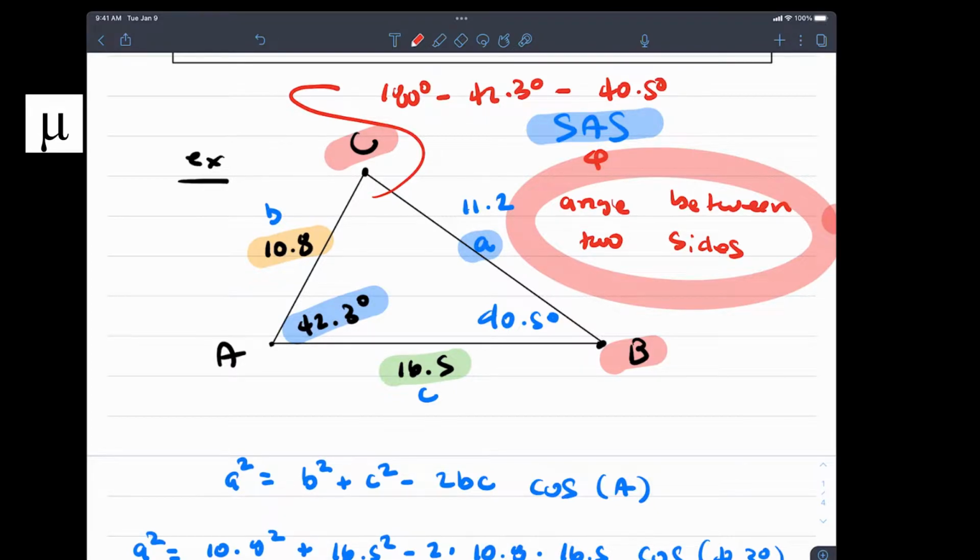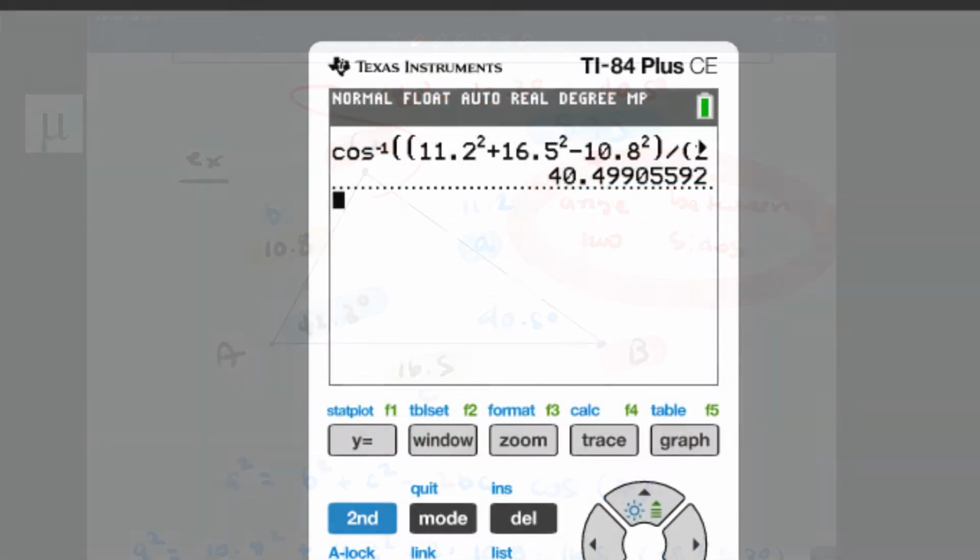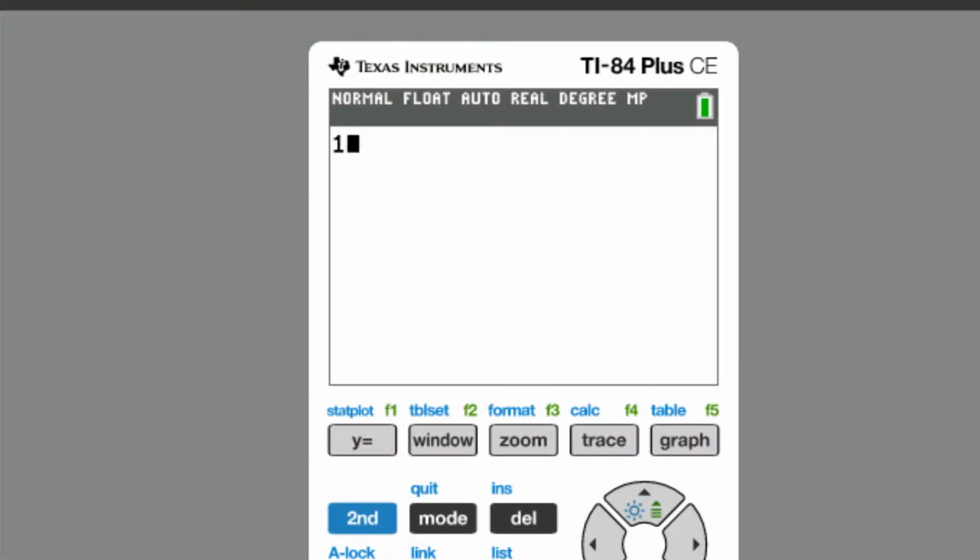All right, what do you get now? 180 minus 42.3 minus 40.5. And what do you end up with here? 97 point what? 2 degrees.